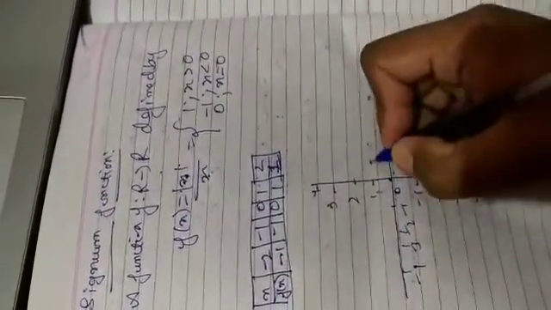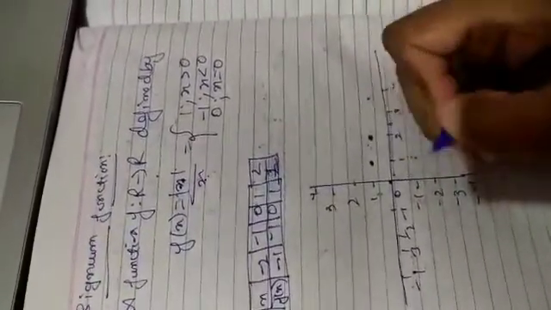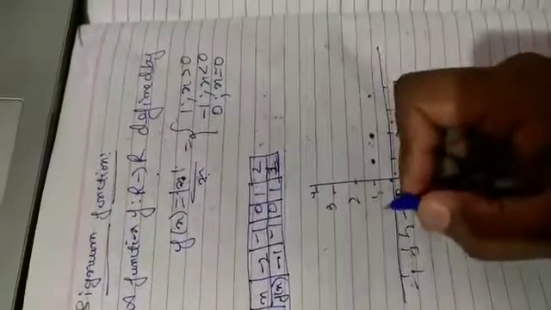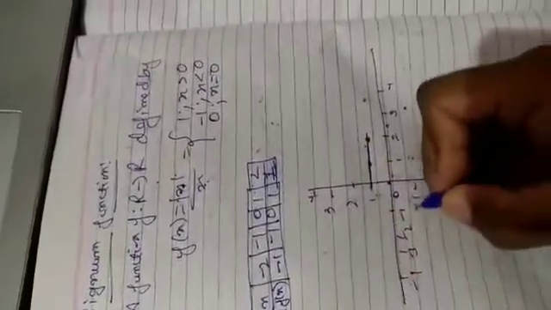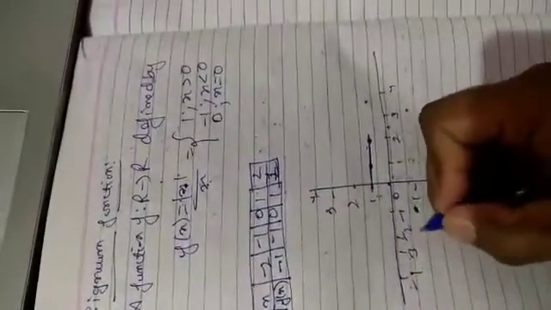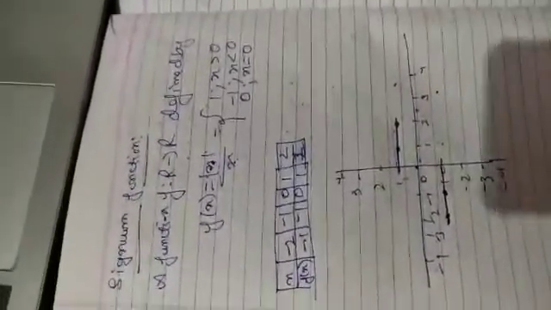For 1 we get 1. For x value 2 we also get 1. So this will be the graph for this side. And for negative, -1 we get -1, -2 also we get -1. So this will be the graph for the signum function.